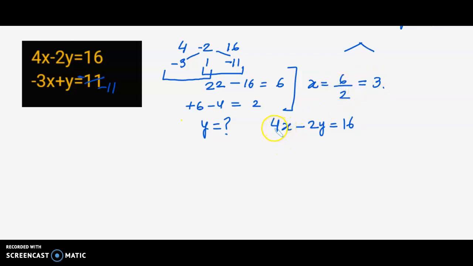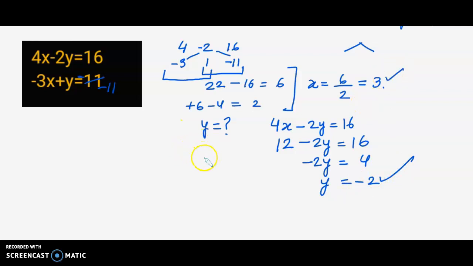So 4 times 3 is 12, minus 2y equals 16, minus 2y equals 16 minus 12, that is 4, and y equals minus 2. So you got y equals minus 2 and x equals 3. So our answer is 3 and minus 2. These are the values of x and y.